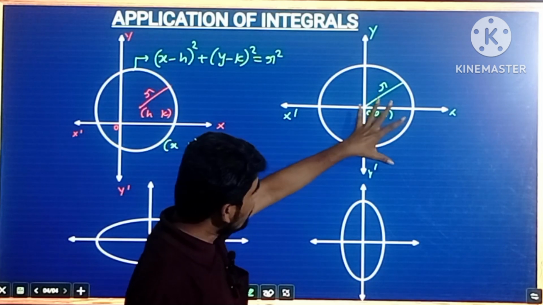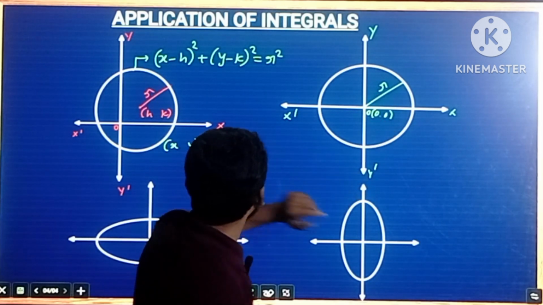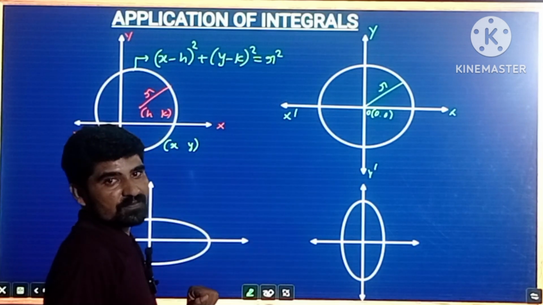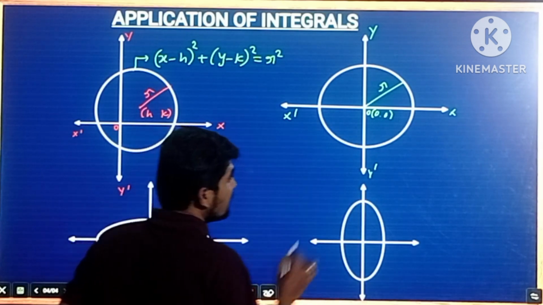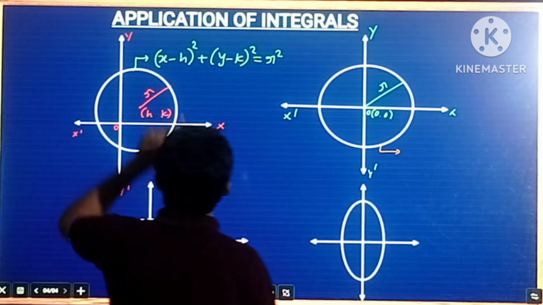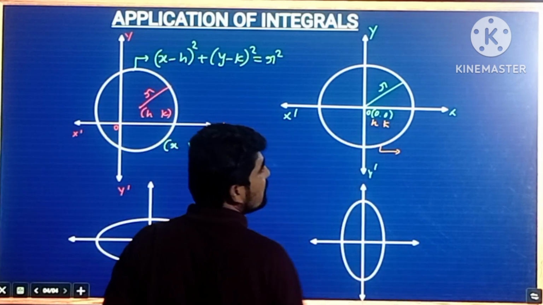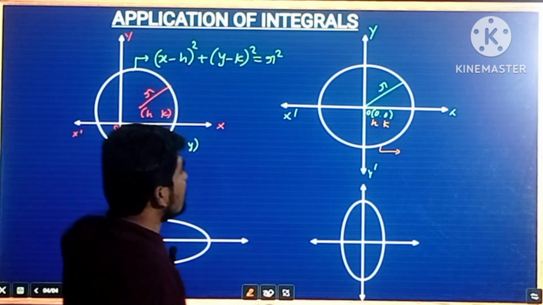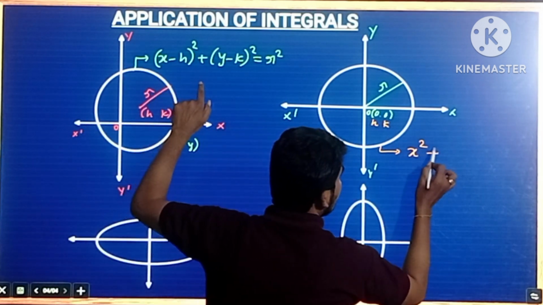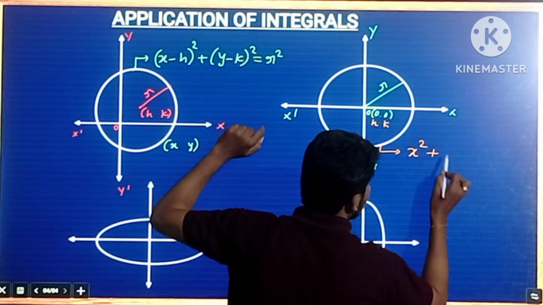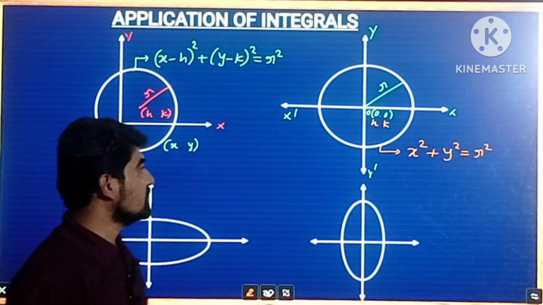Therefore, its equation is obtained by substituting the coordinates of the center in the first equation of the circle. It means the equation of the second circle is (x minus 0) whole square plus (y minus 0) whole square equals r square, where 0 and 0 are the values of h and k. So x square plus y square equals r square. I hope all of you understand.